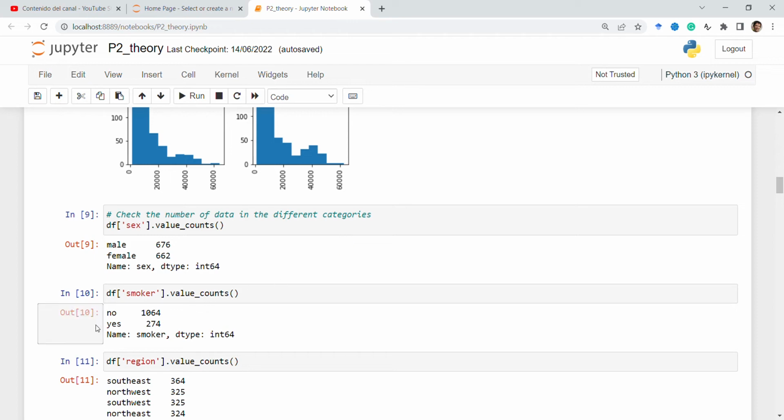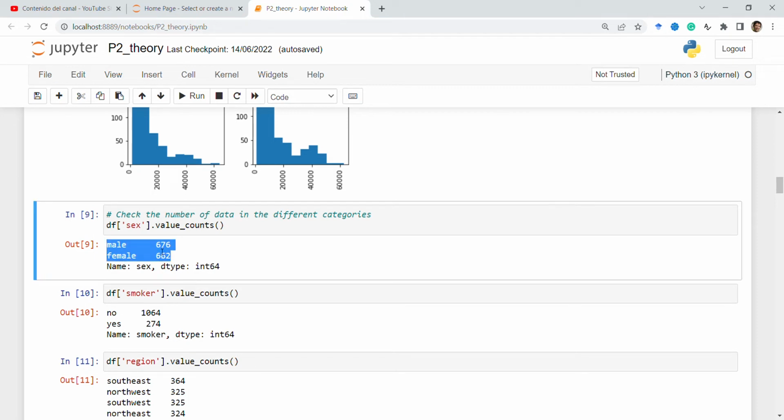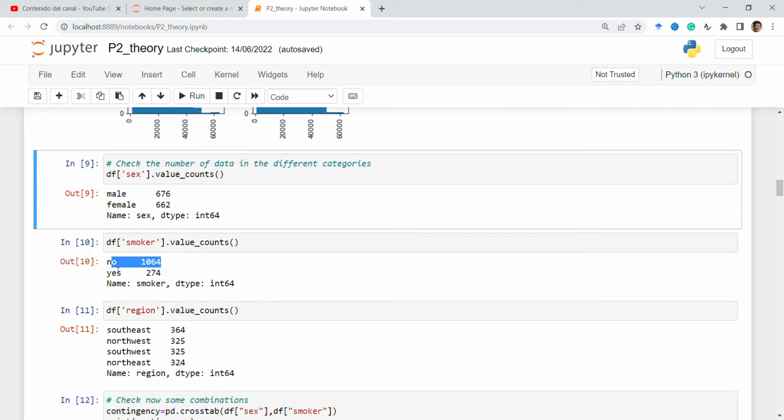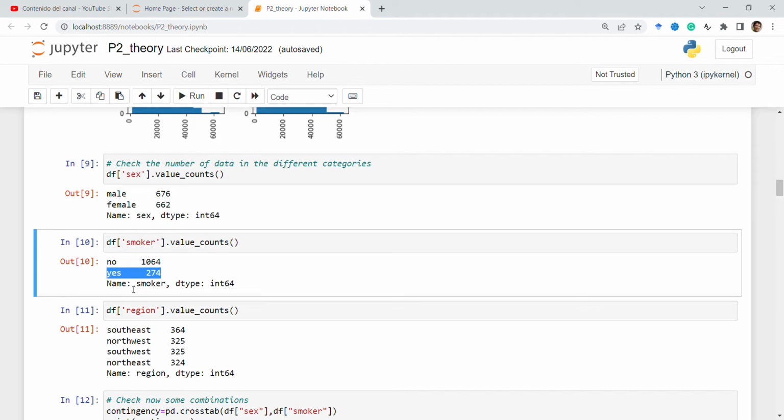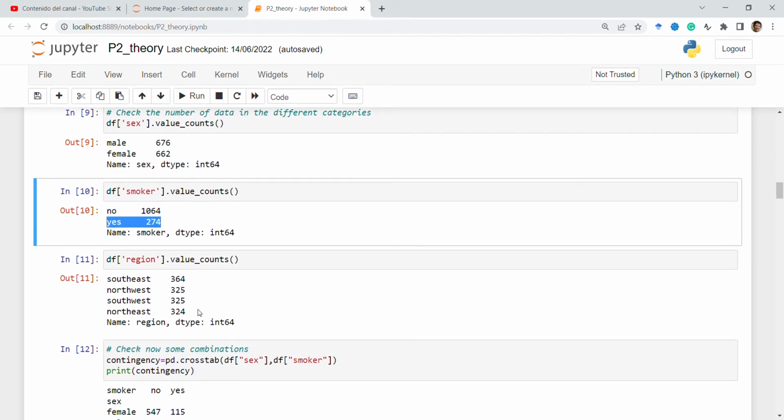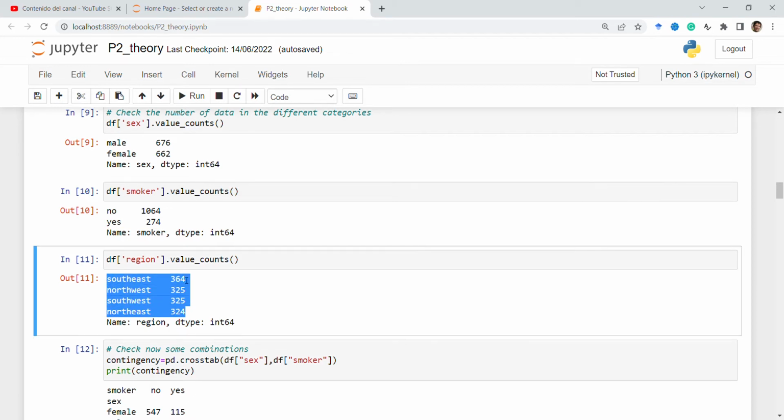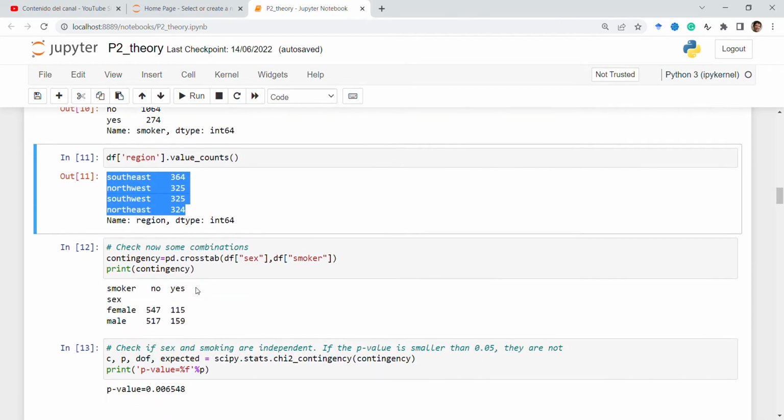And we see that half of the people are male, the other half are females. Most of the people are not smokers, while 20% of them are smokers. And in terms of regions, more or less all the regions are equally represented.